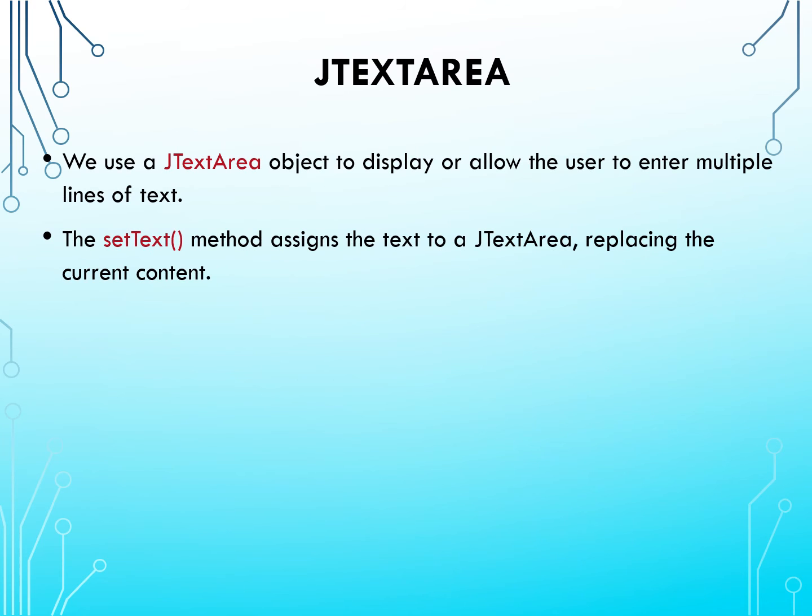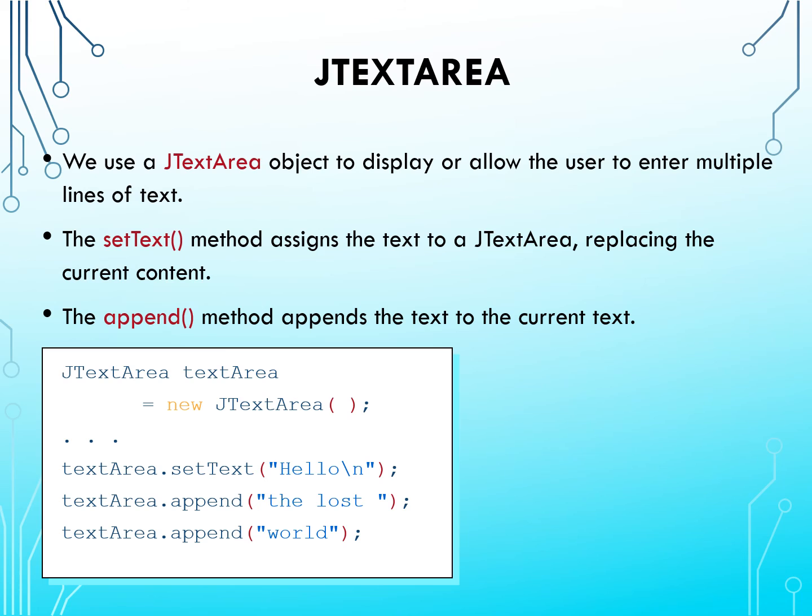Right. So if you want to put a text area, I think by now you've been using it. You've been using text area with a method set text where you put the text in. Append will actually add more text. For example, you create a text area. So this is how you create it manually, JTextArea, and this is the name of the variable. Then you put the text inside, so you put hello \n.